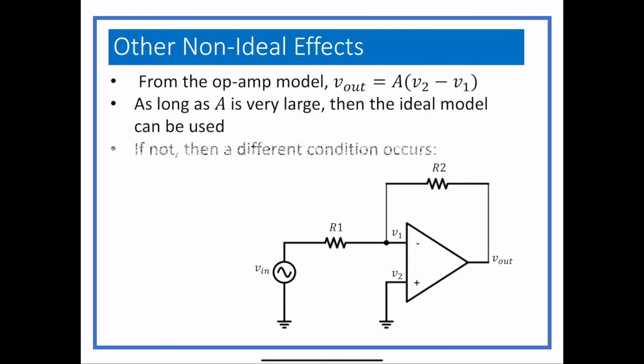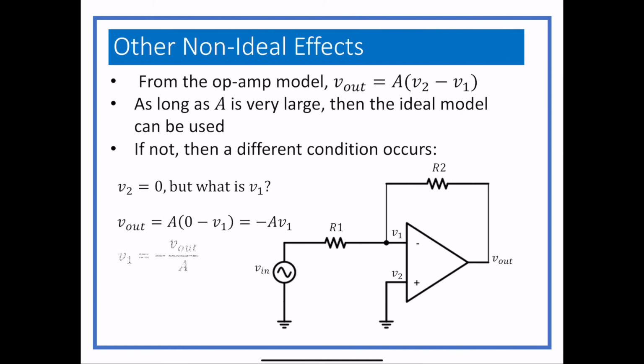If we have this circuit connected, we know that V2 is 0 because it's connected directly to ground. That's all that is. But we don't really know what V1 is, and we don't know the difference between them. So we're going to have to figure that out. We know that V out is A times 0 minus V1, and that means minus A V1. So V1 is going to be minus V out over whatever A is.